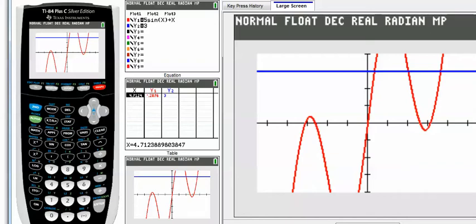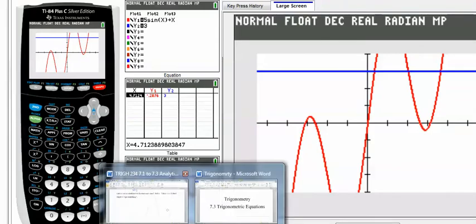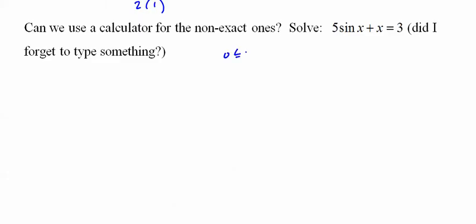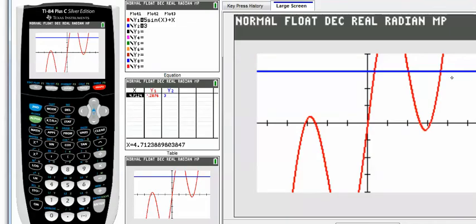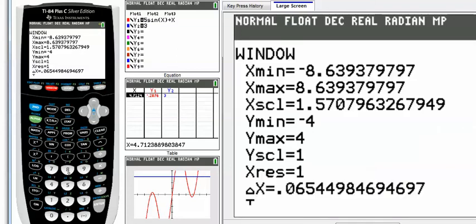So, did I need to limit the 3 places? I didn't write in 0 less than x less than 2 pi sort of thing. Doesn't matter. I only got 3 answers. I could zoom out and show you, but it doesn't hit again. Let's change the window so I can show you.